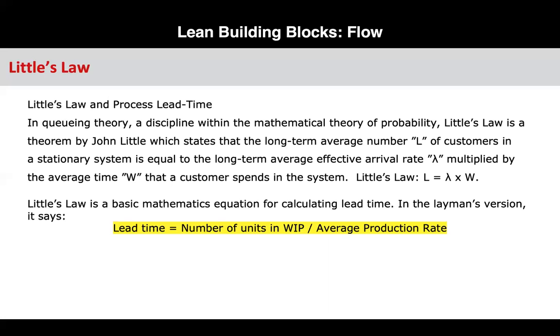Your lead time is equal to the number of units in WIP divided by the average production time. If we had 16 over there, and it took 1 minute per unit, then the lead time was 16.